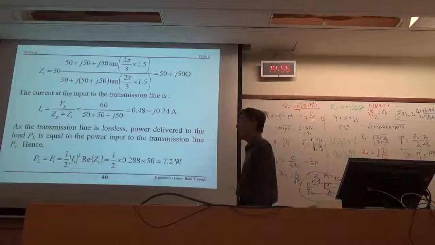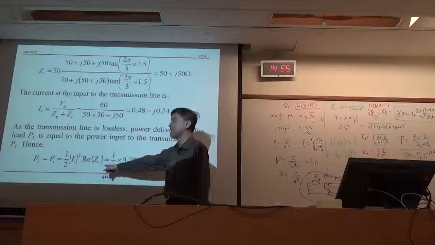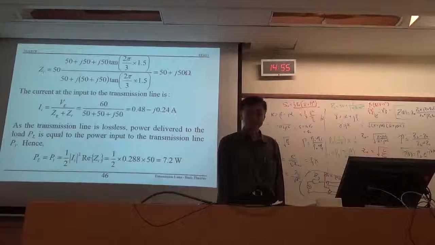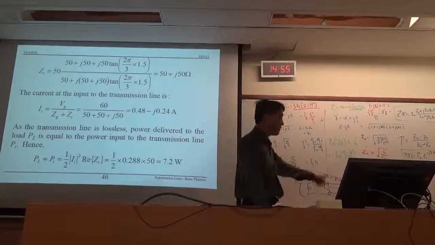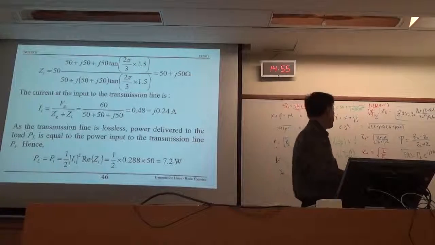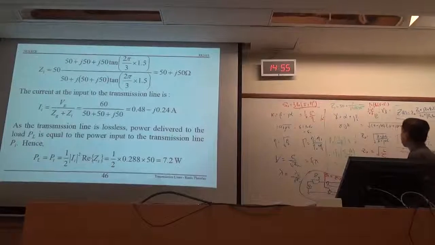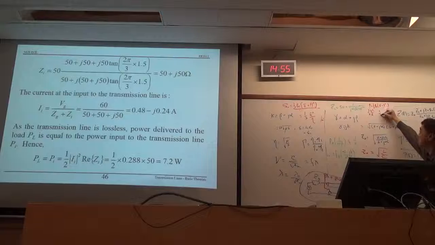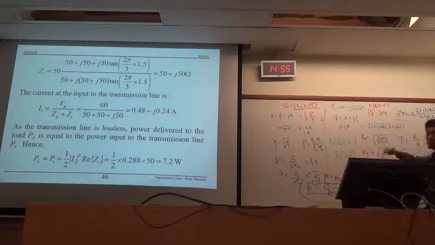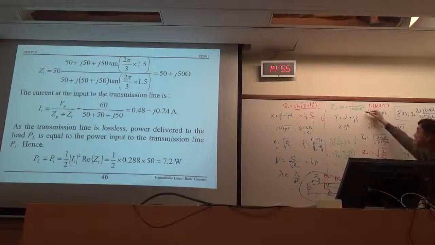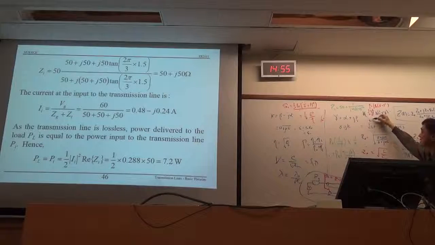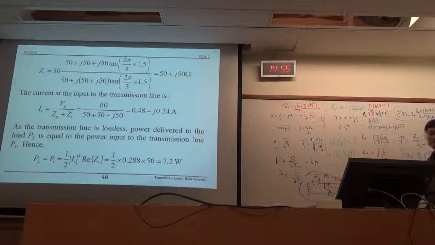Now, why do you want to find Ii? This guy is smart here. Remember, power is either half V squared over Z or equal to half I squared Z. If you take the real part of this and the real part of this, now remember just now we said that the real part of 1 over Z has issues. It's not equal to this one, it's equal to this one.